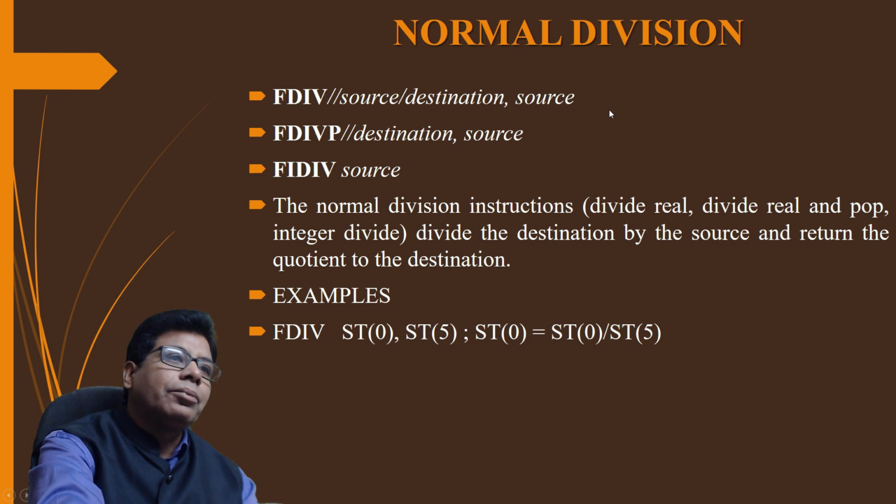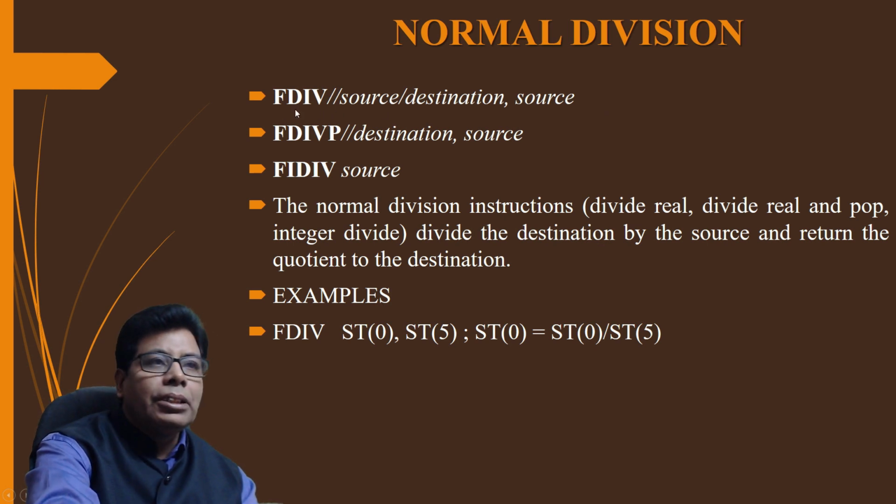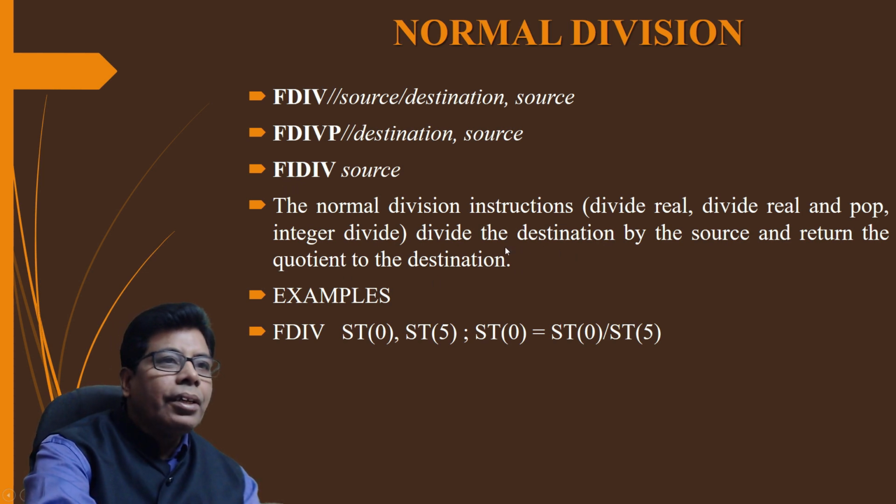Then normal division. For normal division, again we have three instructions: FDIV, FDIVP and FIDIV, the last for integer divide. Here we divide the destination by the source and return the quotient to the destination.